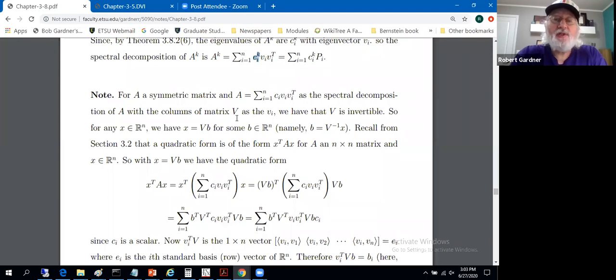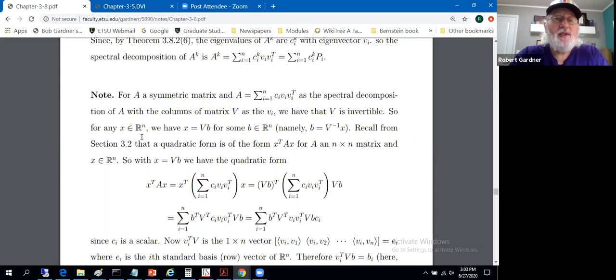So matrix V will have a collection of orthonormal eigenvectors. If you like, you can choose them in different ways, but we've observed we could choose them to be orthonormal. Anyhow, that gives us that V is full rank, it's invertible. V is invertible when we start with a symmetric matrix.